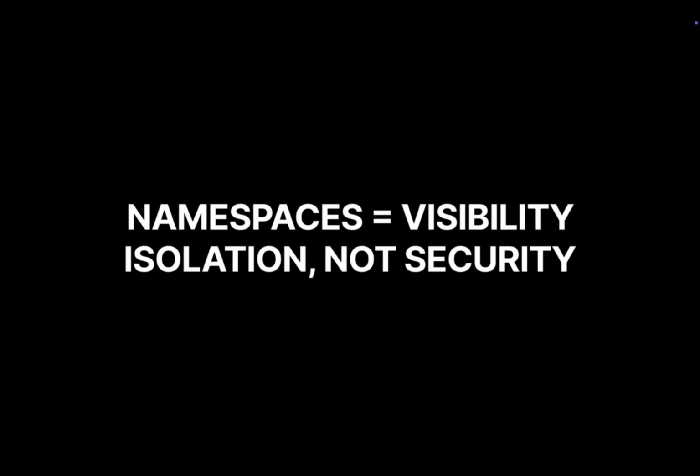And namespaces provide visibility isolation, not security boundaries. They prevent processes from seeing each other, but they don't prevent attacks. Security comes from other mechanisms: cgroups, seccomp, AppArmor, SELinux. I'm emphasizing this now because it's the most common misconception.